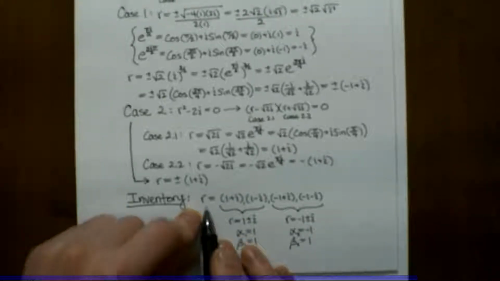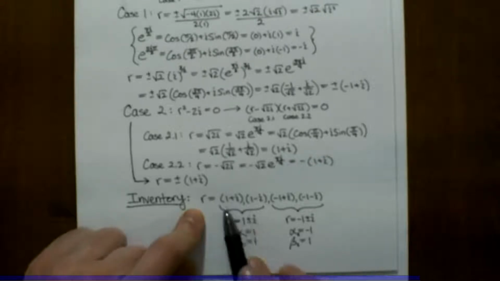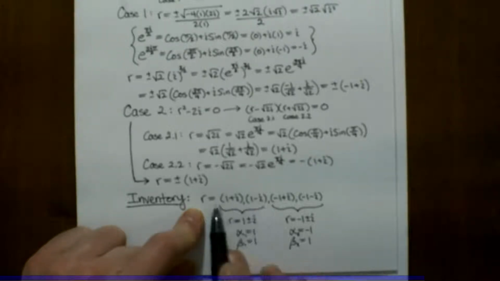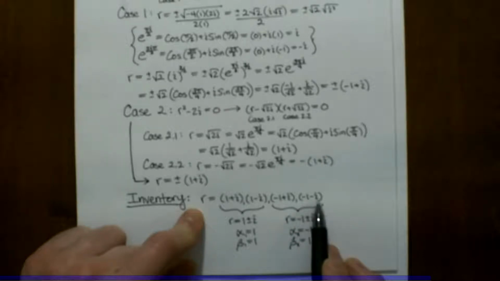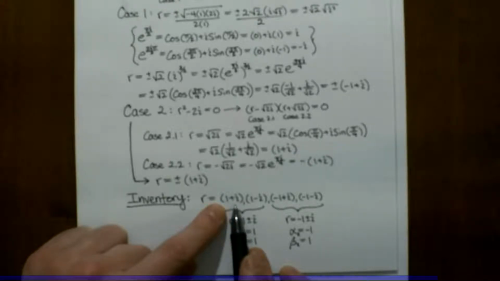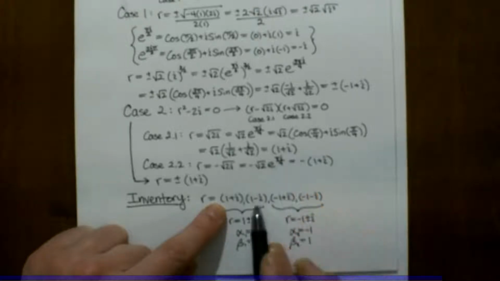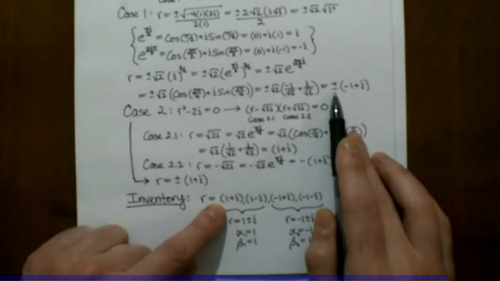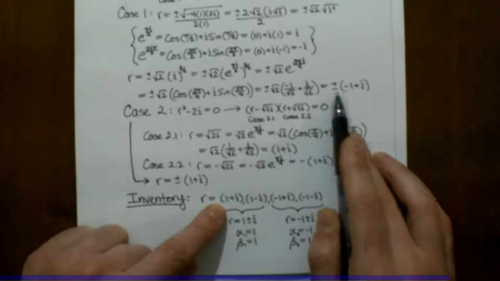If we consider all of the terms that we have for r, we have a 1 plus i, and we have a 1 minus i, so those are right here. And we also have a negative 1 plus i and a negative 1 minus i. If we consider just these two, now the 1 plus i comes from case 2, and the 1 minus i comes from the negative case right here from case 1.